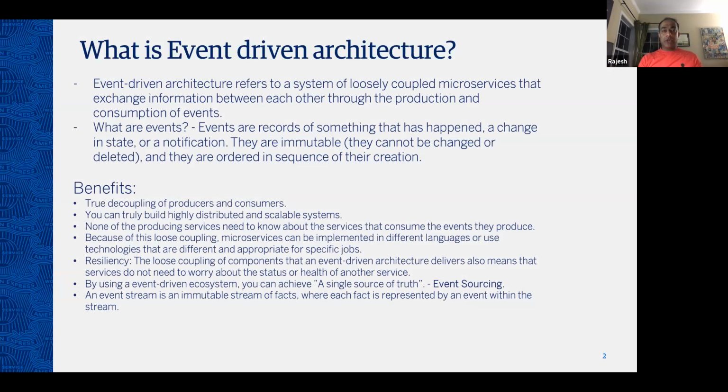I want to take a moment to talk about what is event-driven architecture, right? Event-driven architecture at a high level refers to a system of loosely coupled microservices that exchange information between each other through consumption and production of events. What that essentially means is that I have, let's say, an event bus.